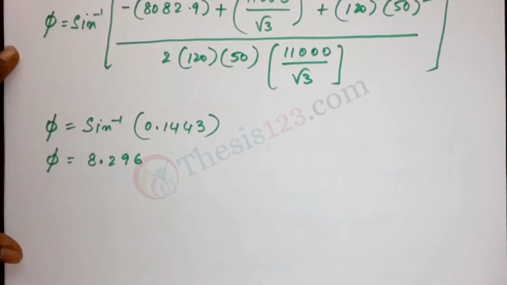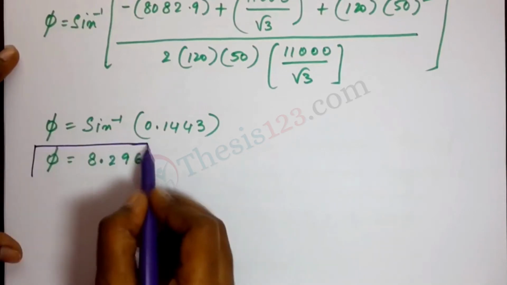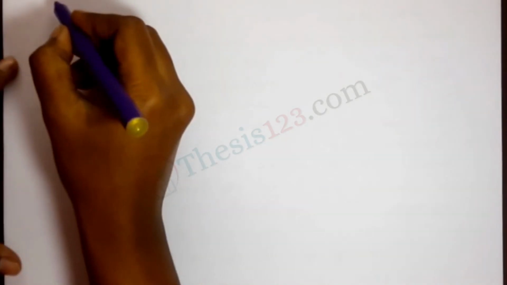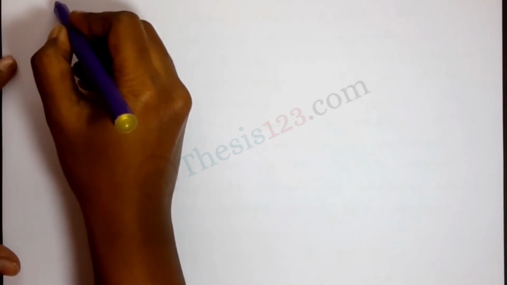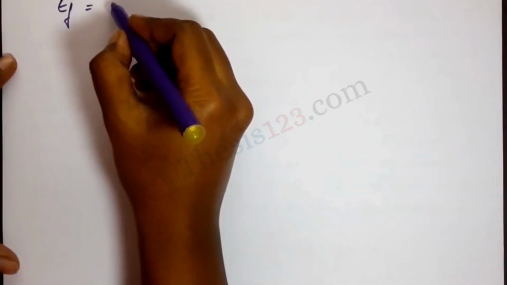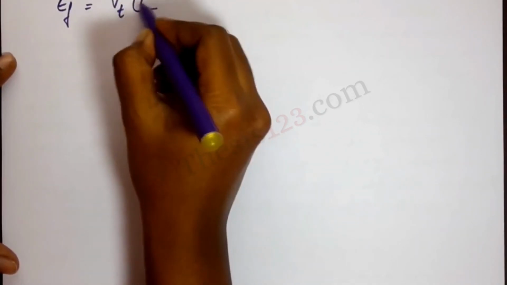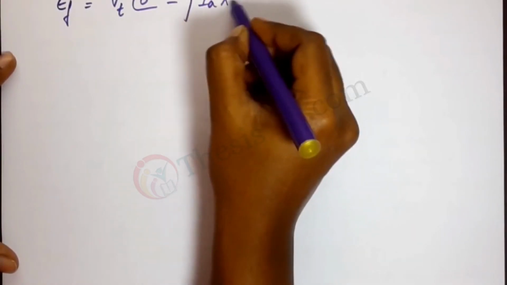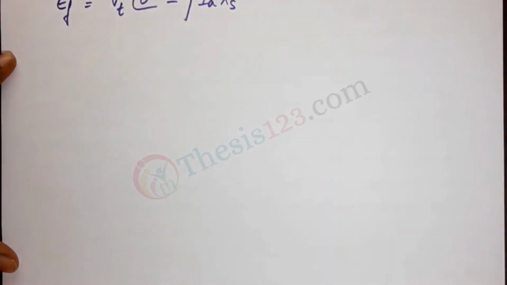Now the next step is to go back to the formula of EF. Now I'm going to write down the equation here. That's EF is equal to VT angle 0 minus j Ia Xs. Please make note of this equation here.